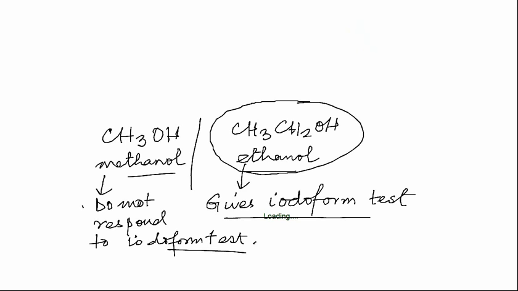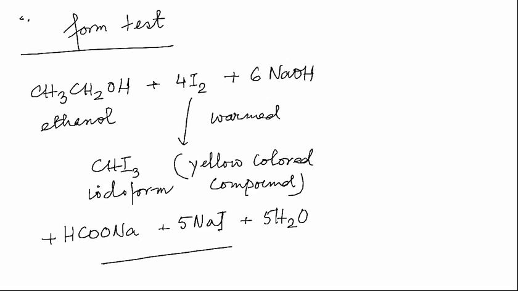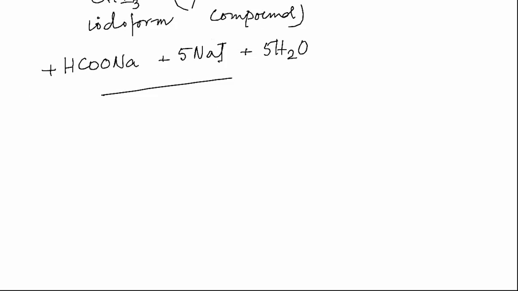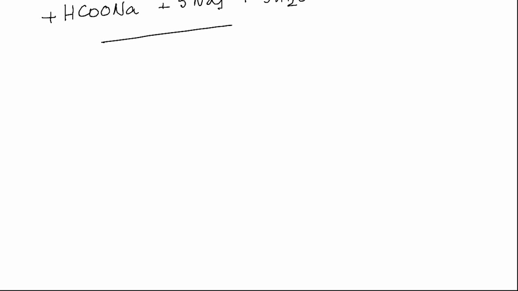Next question is how we can distinguish between benzyl chloride and chlorobenzene. In this question, first let us draw the structures of each. If you are writing chlorobenzene, this is C6H5, the benzene ring, and a chlorine within.